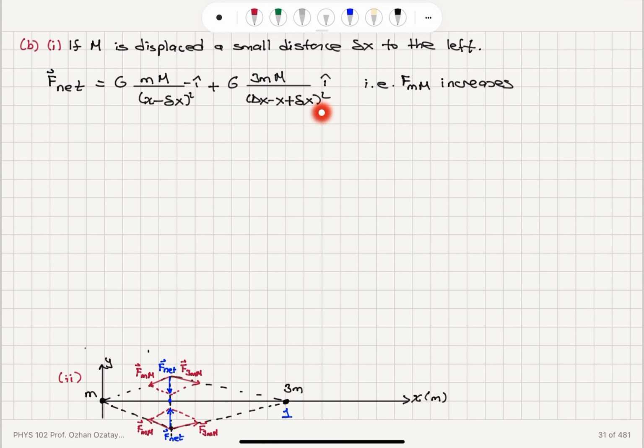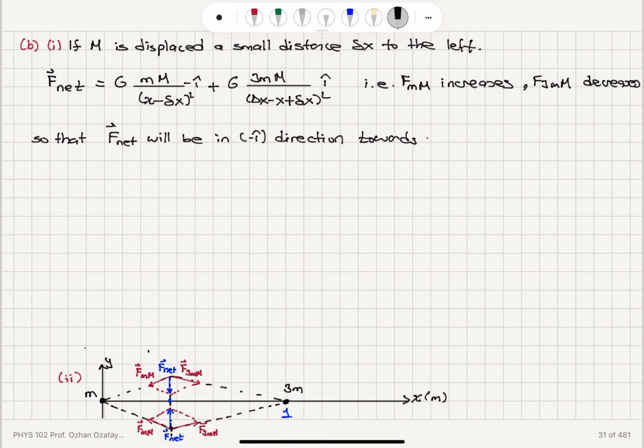So this is going to be plus, but this is minus. So the force of M on capital M increases, but in this case, because the denominator has increased for the second term, the force of 3M on capital M decreases in magnitude. So what does that mean? The net force will not be zero, it will be in minus i hat direction, towards mass M.